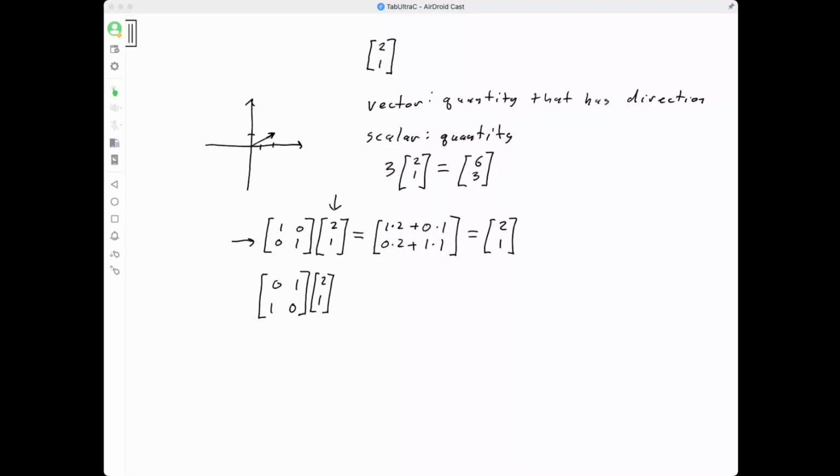If I multiply this out, going across the row and down the column, I get 2 times 0 plus 1 times 1. And then for the second row, 1 times 2 plus 0 times 1, which gives me 1, 2. And so this matrix just switches the x and the y from our vector.